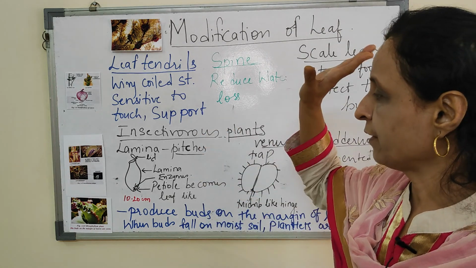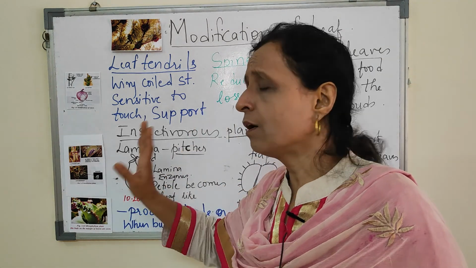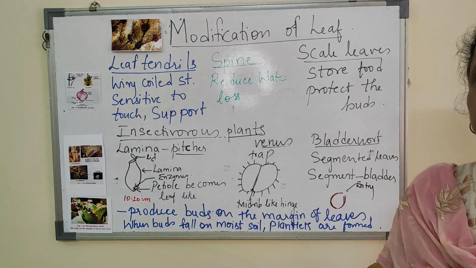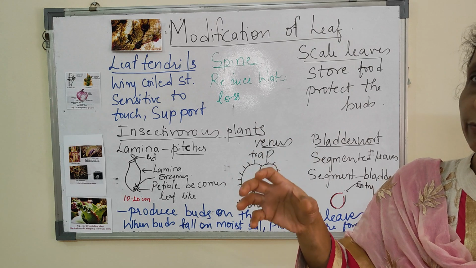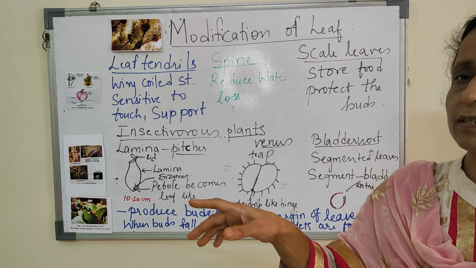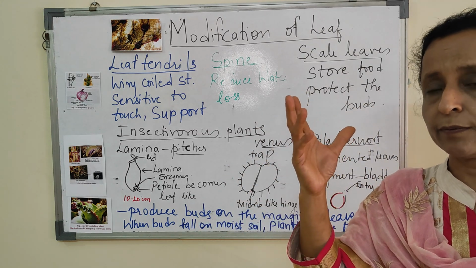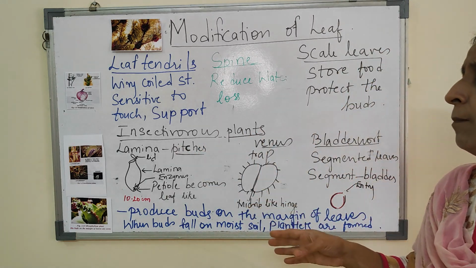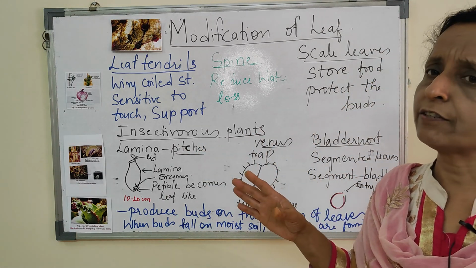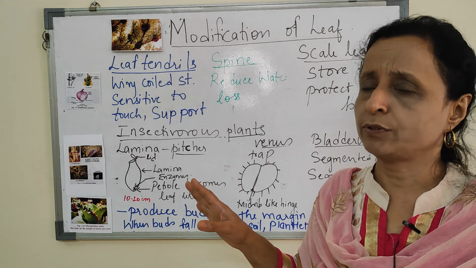This is the modification. Now reproduction in plants is by the seed which is covered in the fruit. We eat the fruit, put the seed, and a new plant comes out. But that is for the bigger plants. Small plants carry out vegetative reproduction, that is not through the seed.